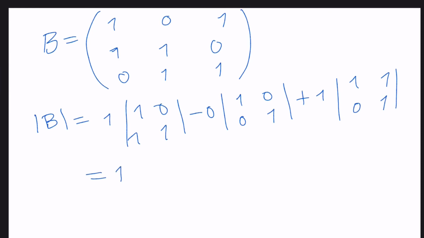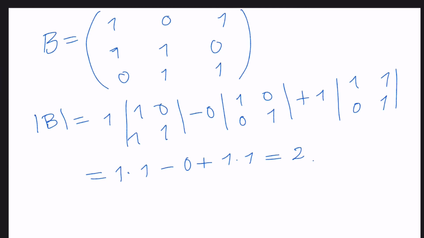So the determinant of this matrix is 1 minus 0 times the determinant, we don't know what it is, but it doesn't matter, and 1 multiplied by (1 times 1 minus 0 times 1), so this will be 1. And making the calculation, we will have 2.